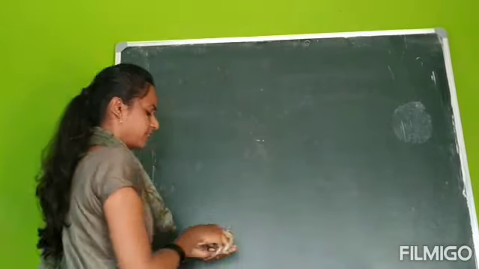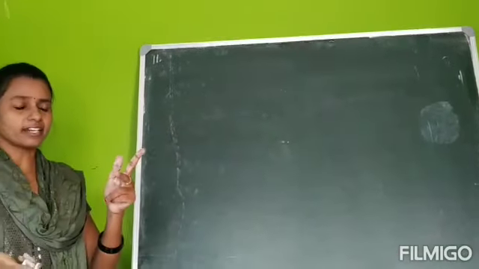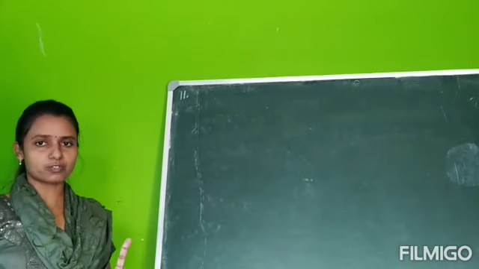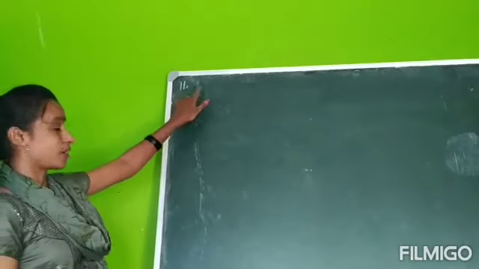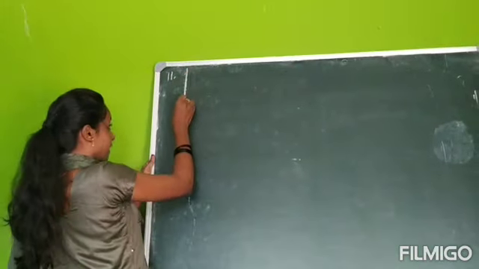So the 11th one, in this question also there are 2 parts. Both the questions are important for the main exam. I'll do the first one, and the second one you do it, because it is exactly the same as what I do in this problem. So here is 11.